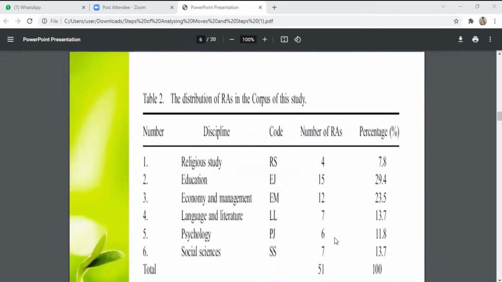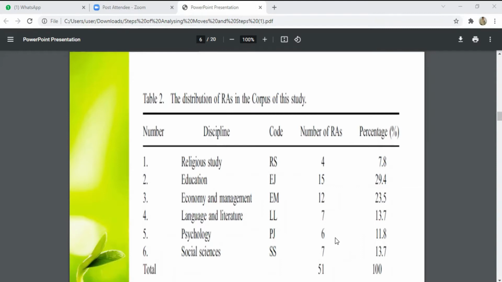Now this is the example, the source of articles. I took them from 6 different fields: religious studies, education, economy and management, language and literature, psychology, and social sciences.